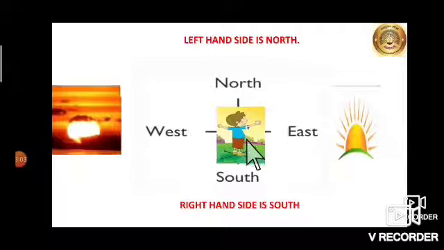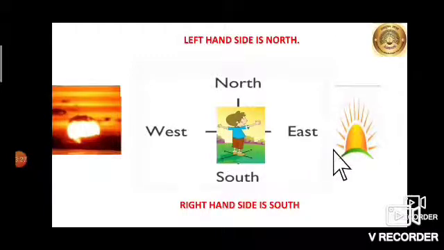When you are facing towards the east, to your left hand side lies the north direction. And opposite to the north direction, there is the south direction which lies to your right hand side. This is how you identify your directions.